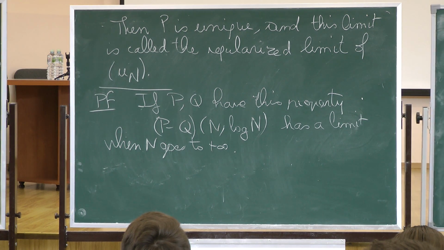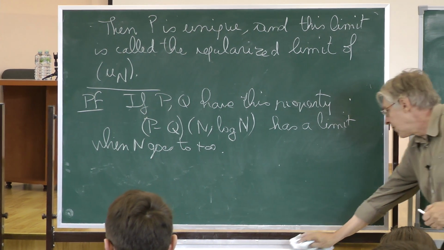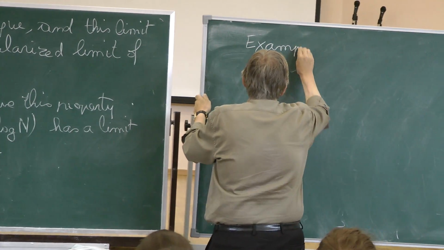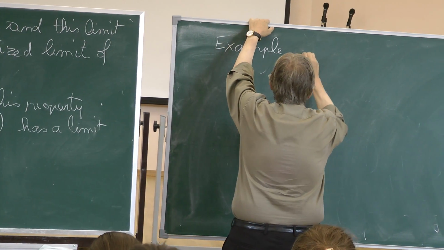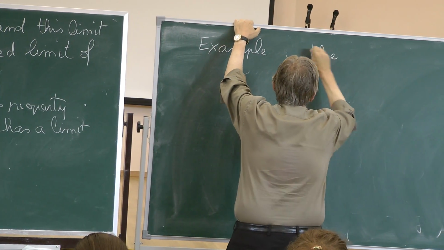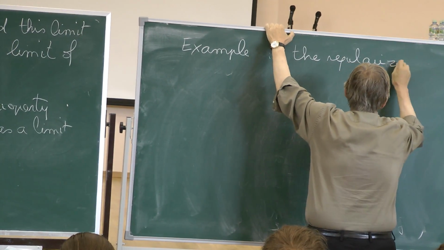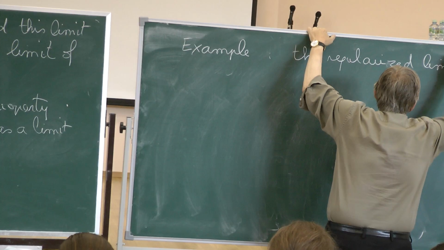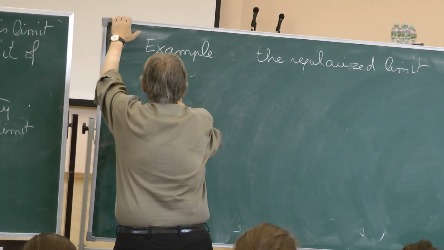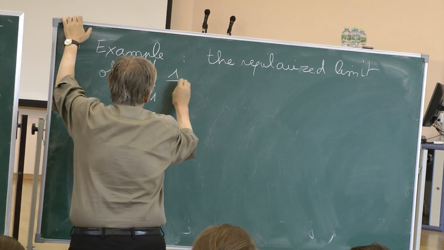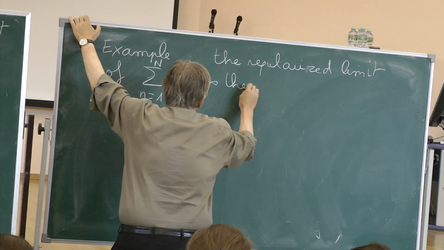And now with this notation, I can just write the Euler constant as an example. Example: the regularized limit of the sum for n going from 1 to capital N of 1 over n is the Euler constant.